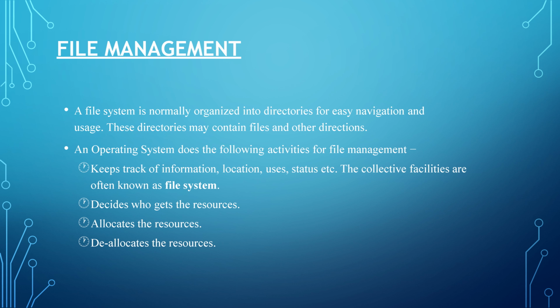One, it keeps track of information, location, usage, status. The collective facilities are often known as the file system. Number two, it decides who gets the resources. Number three, it allocates the resources. And finally, it deallocates the resources.